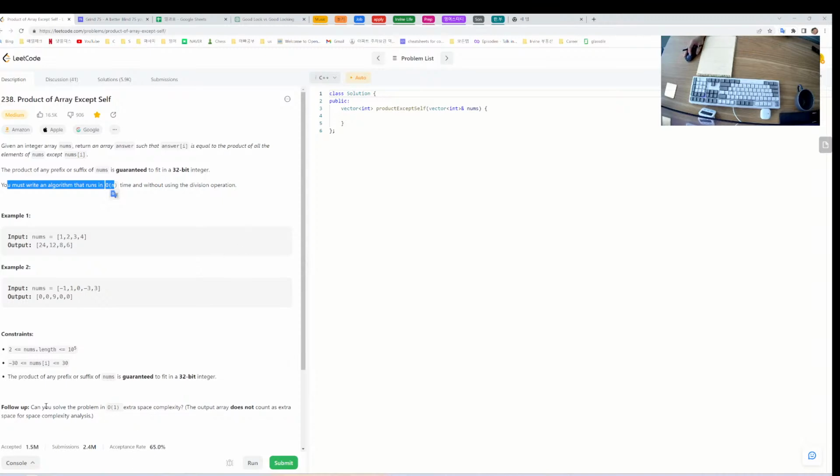So here it asks, can you solve this problem in O(1) extra space? The output array does not count as extra space. So it asks me whether it can be solved without the storage.